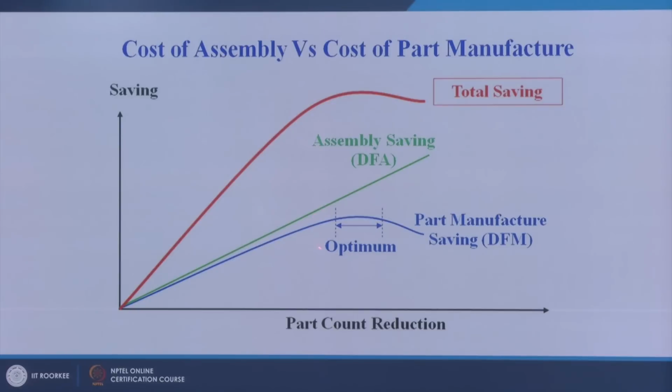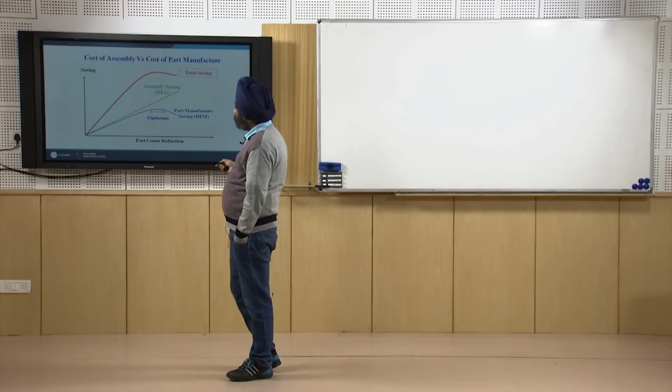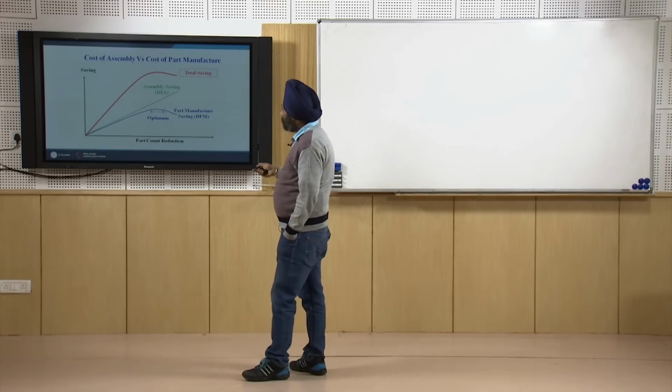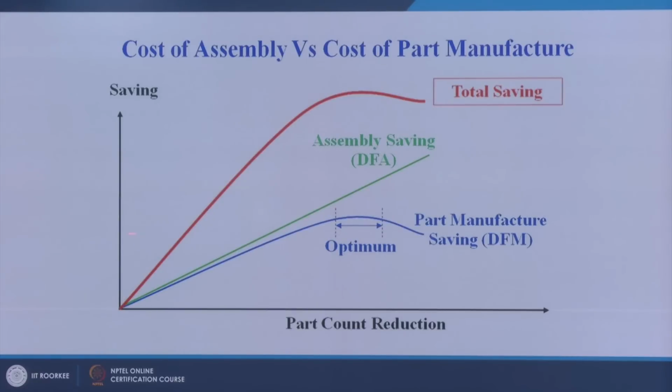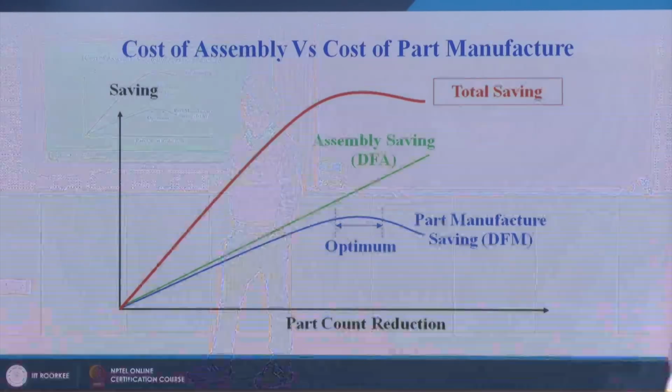But here there is an optimum value. Why is there an optimum value here? After that our savings are going down. See, there is an optimum value for the savings. If we can draw a straight line here, after this it is going down. So our part savings are going down. Why?